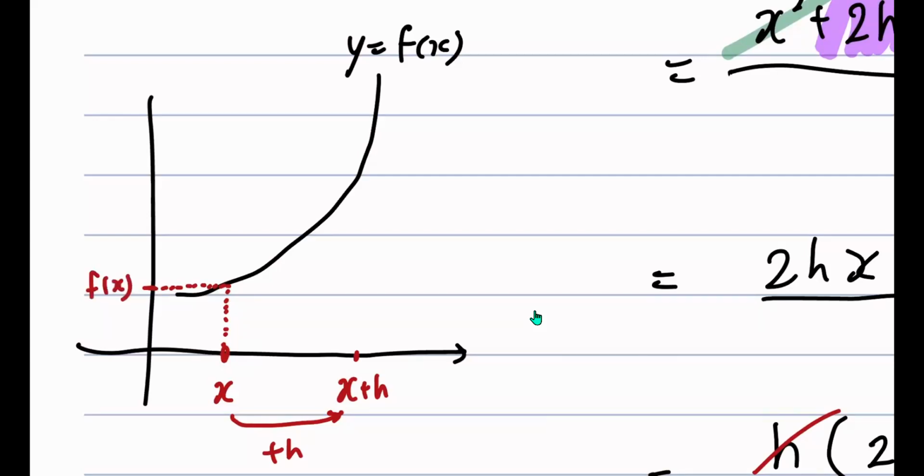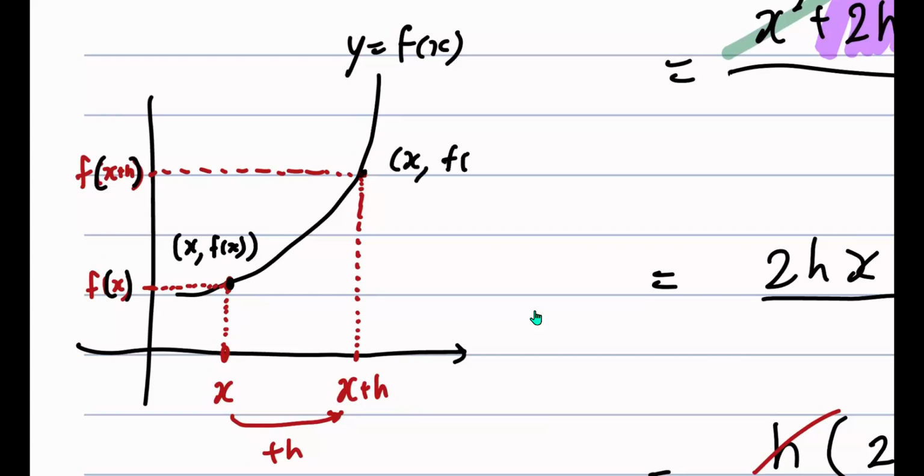Okay, then if the x is now x plus h, then what's your corresponding y coordinate? f of x plus h. Very good. So that means now you have a point here, x comma f of x. The next point here is x plus h comma f of x plus h.